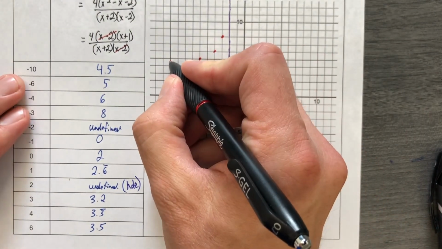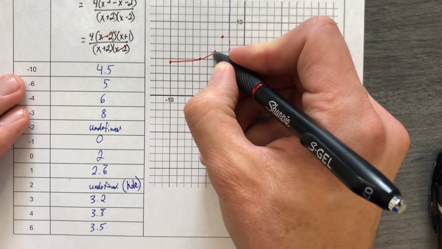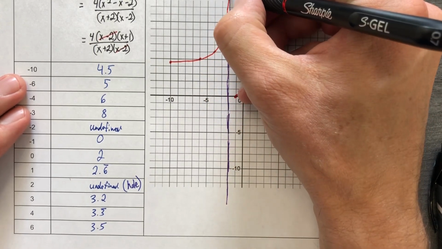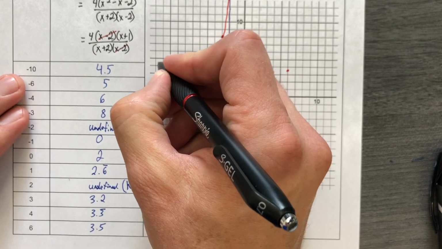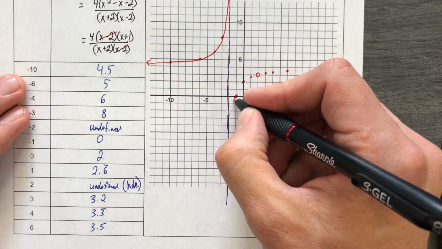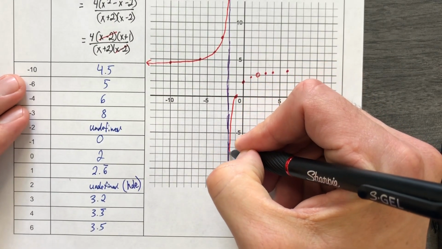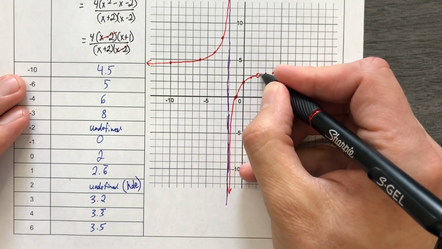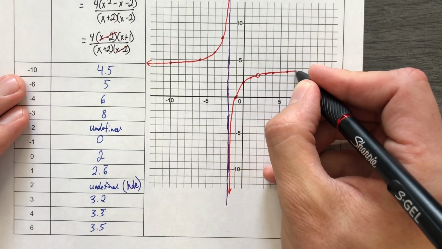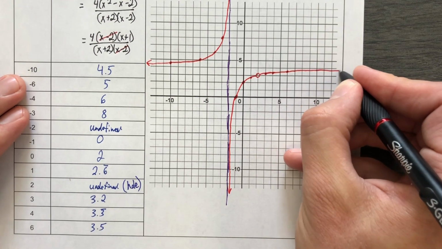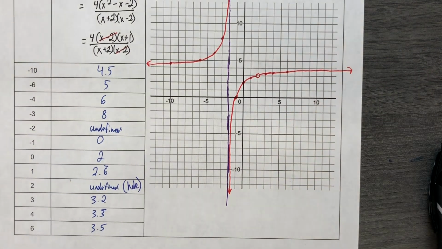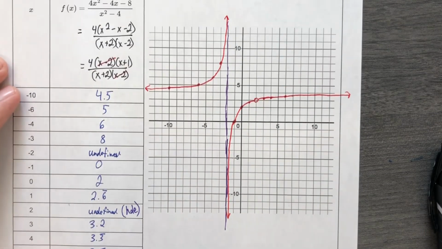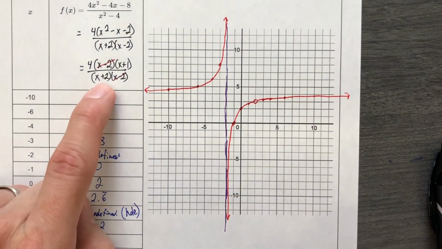What we're going to do is connect these. There's that. And we're going to do this. And just FYI, and we're going to get into the specifics later, you will never, ever cross the vertical line at -2.